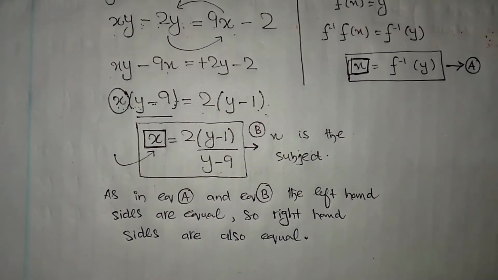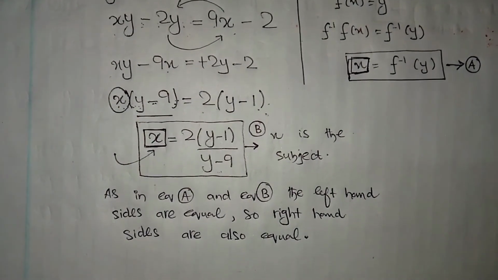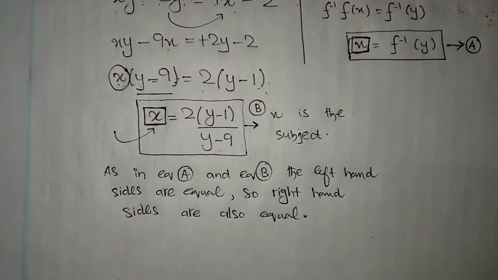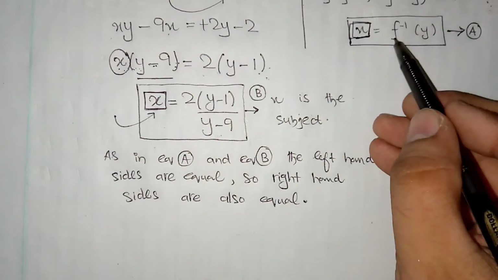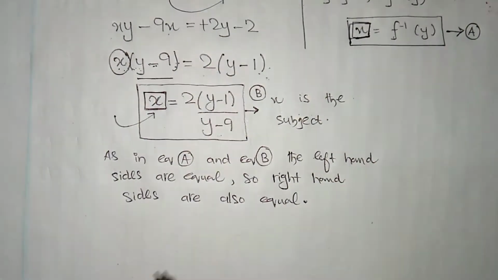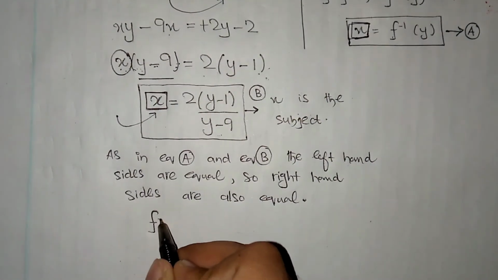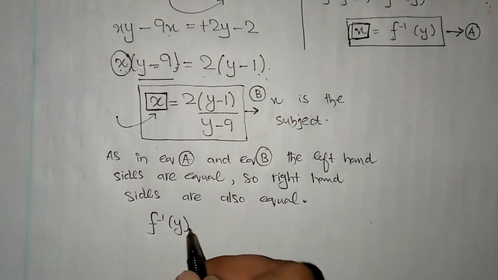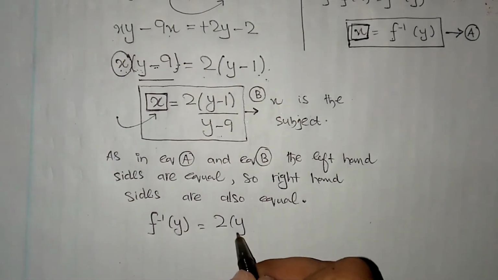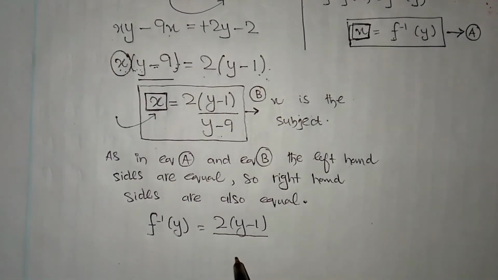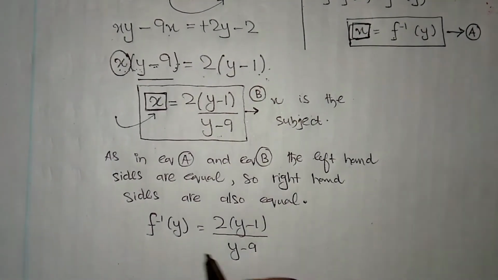So I write this statement in words. It's up to you whether to write it or not. Now I simply write f inverse of y is equal to the whole expression I found here: 2(y − 1) over (y − 9).